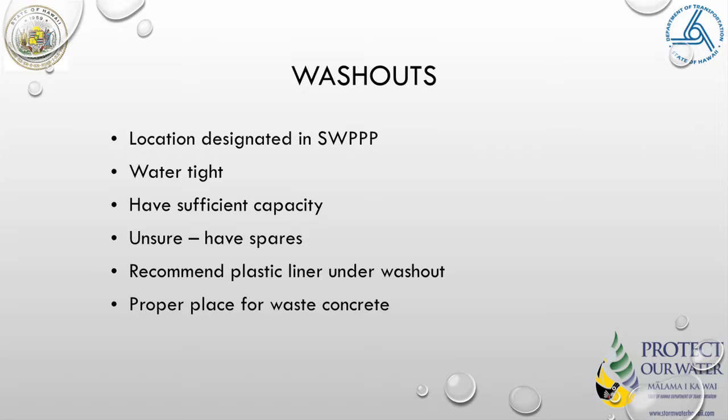Washouts. The location is supposed to be in your SWIP. They need to be watertight. You must have sufficient capacity. Now I'm going to give you some examples of some of these things.